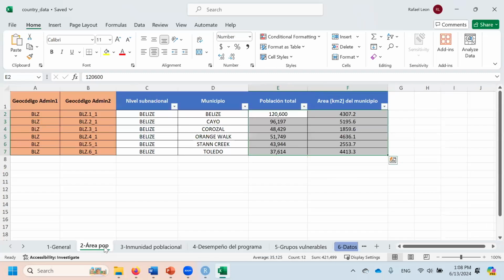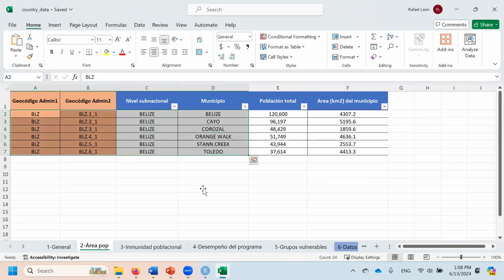The next sheet is called population area. Here, we are going to put in information on the total population living in the municipality and the area in square kilometers. With this data, the tool will automatically calculate the population density.